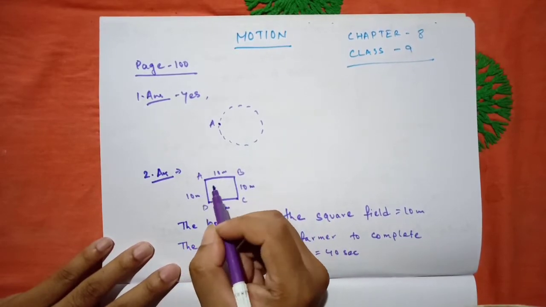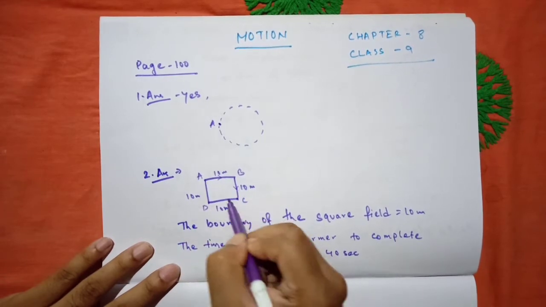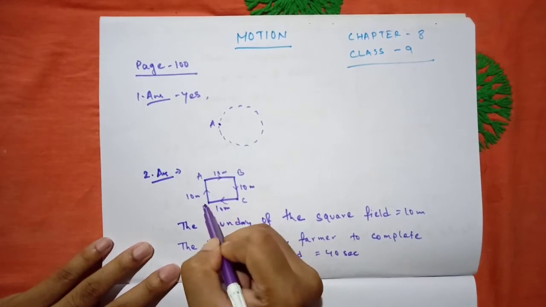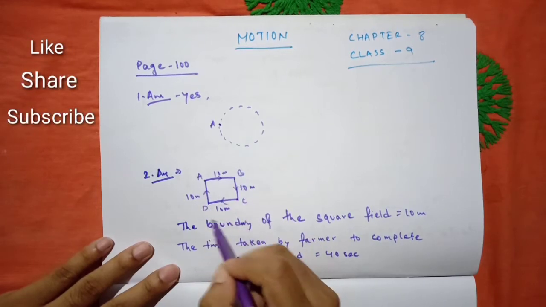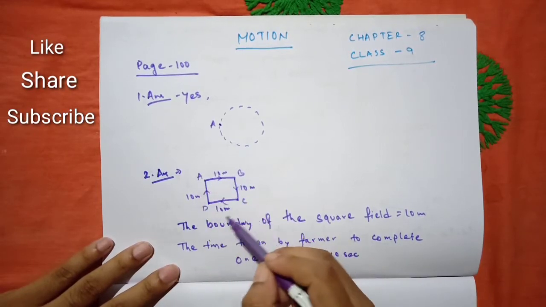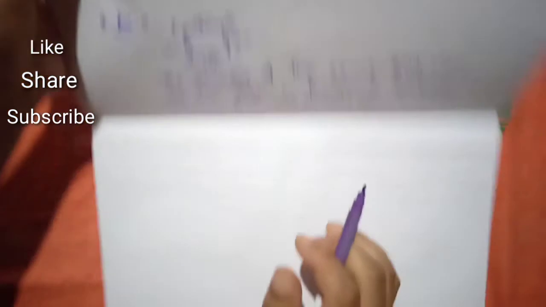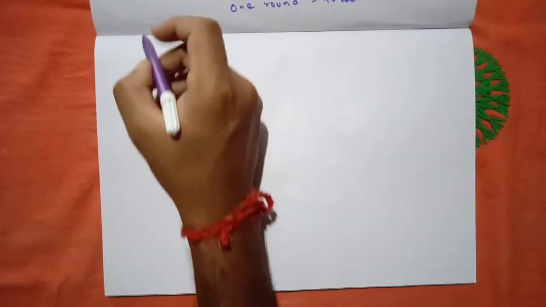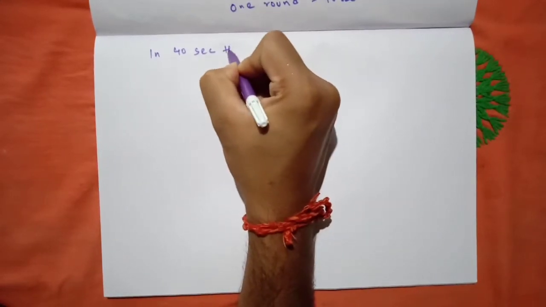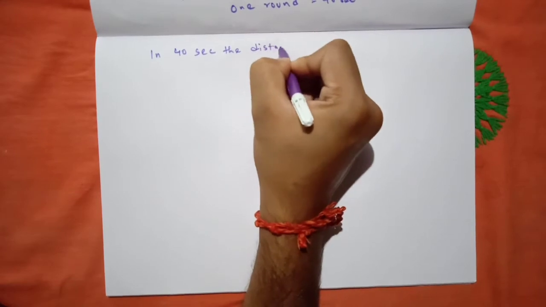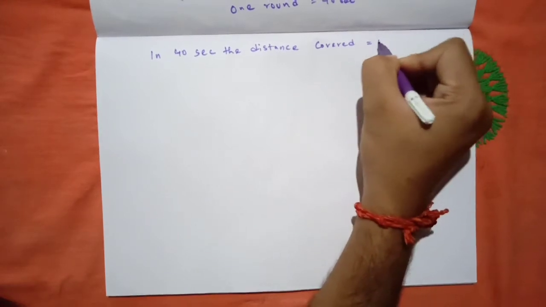Now the farmer starts from point A, goes to point B, then to point C, then to point D, then to A, and the total time it takes is 40 seconds. And if we add all the sides, it becomes 40 meter. Now in 40 seconds the distance covered is 40 meter.